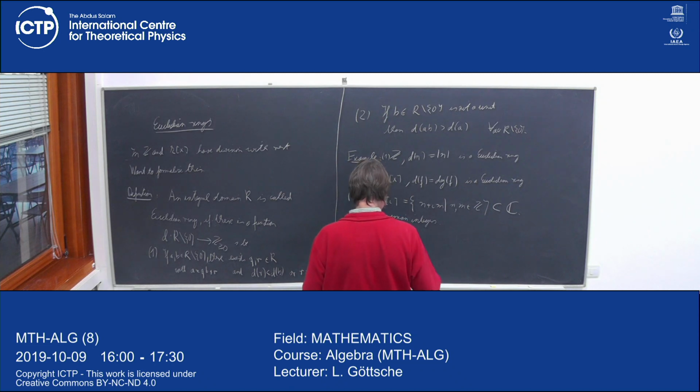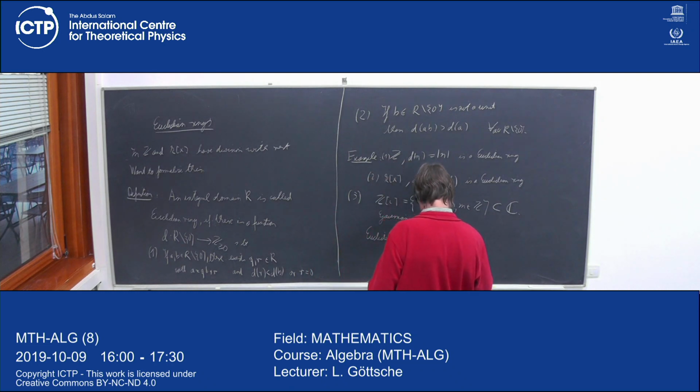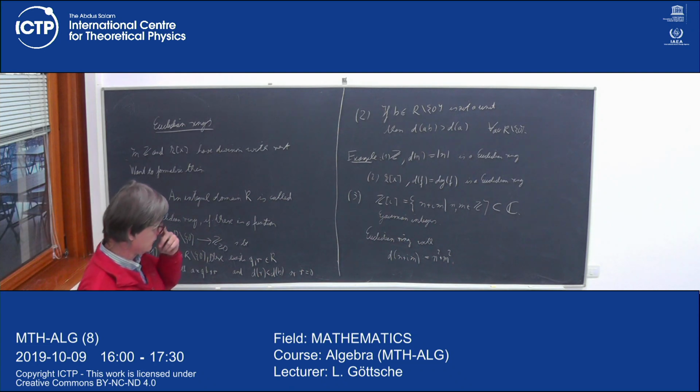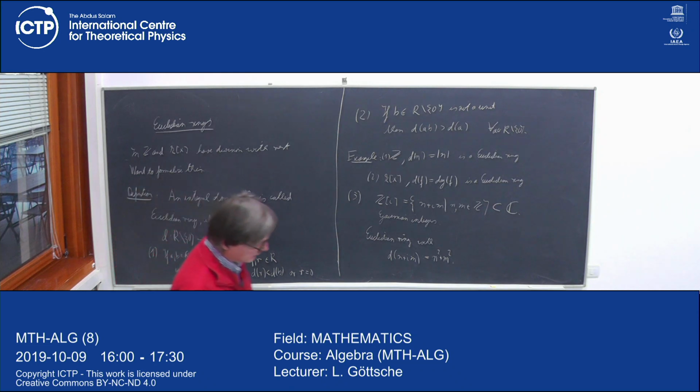In this case, we can, for instance, take d of n plus im to be n squared plus m squared. I should say that Euclidean rings are somewhat rare, so it's not that every integral domain will be a Euclidean ring, but we have some such examples.